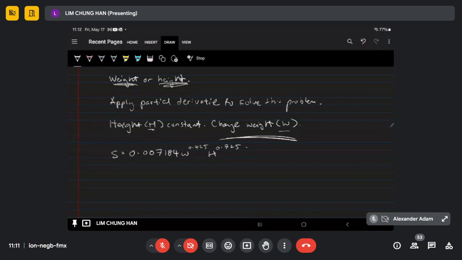So if we keep H constant, we change weight, that means it's dS/dW. 0.007184 is constant, H also constant. We just differentiate this.